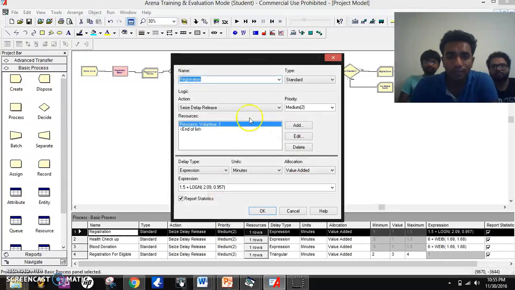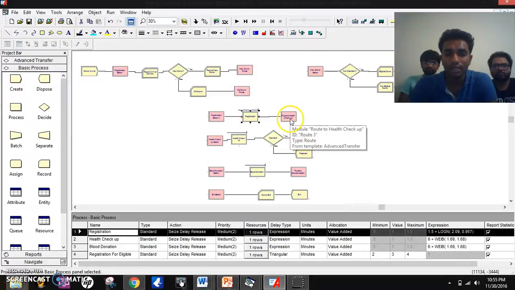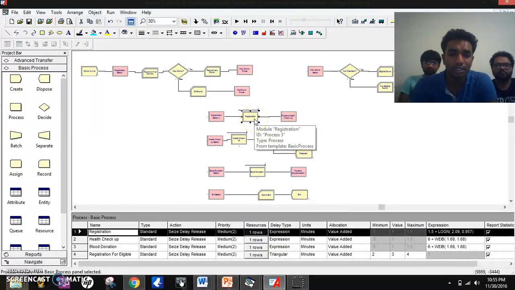We use a 1.5 logarithm 209 and 9.957 expression for donor arrivals at the registration system, and we use the input analyzer for these expressions.